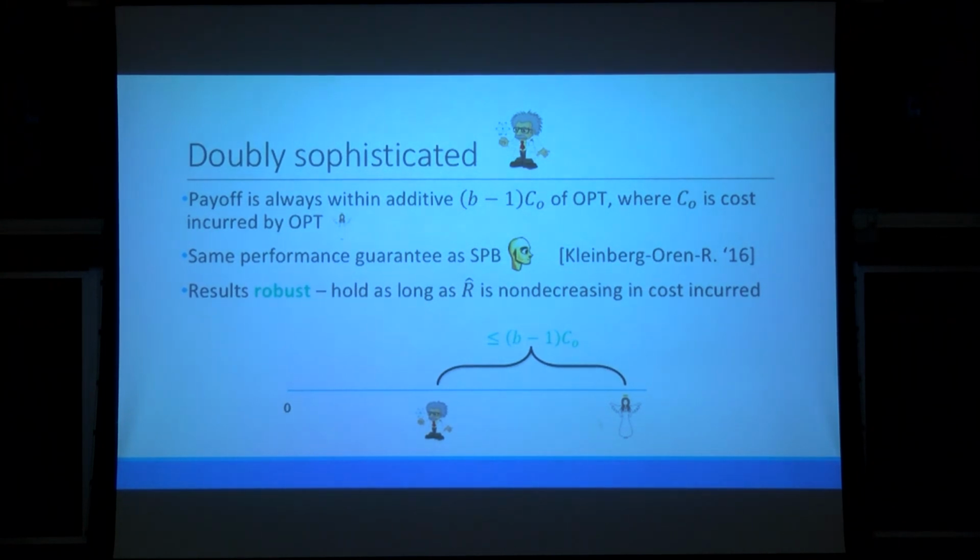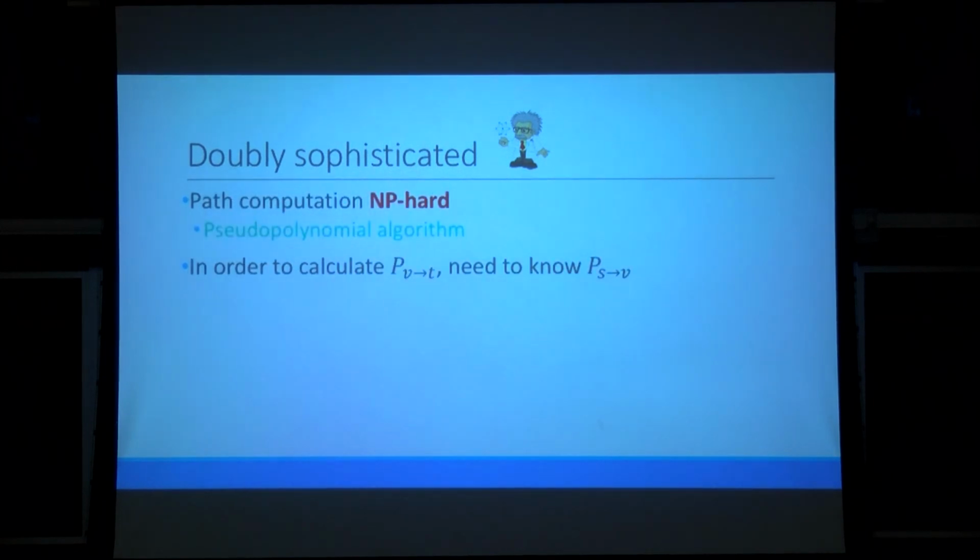And you can actually show that these results are robust, that as long as you model sunk cost bias in a way that is non-decreasing, where the perceived reward is non-decreasing in cost incurred, these results hold. Which is great, except for the fact that the actual path computation problem for doubly sophisticated agents is NP-hard. And so maybe this is some sort of evidence that people don't actually behave this way.